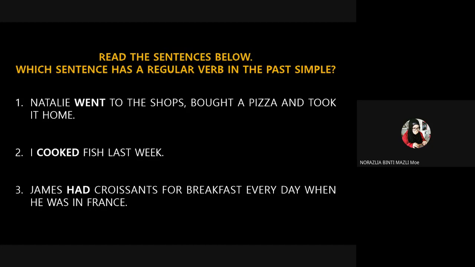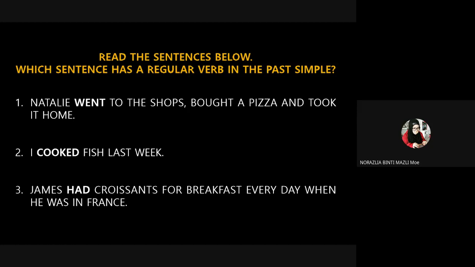For past tense we have regular and irregular. So when we say regular, does it have ed or not? Muiz says no. Okay, Muiz says no.